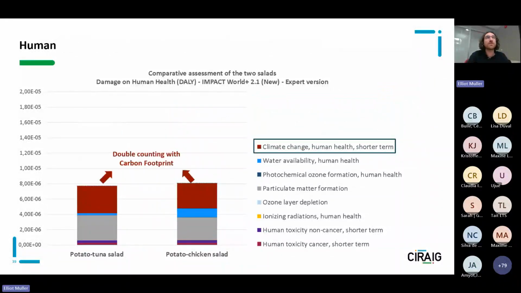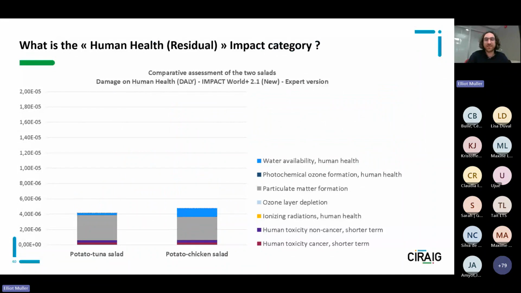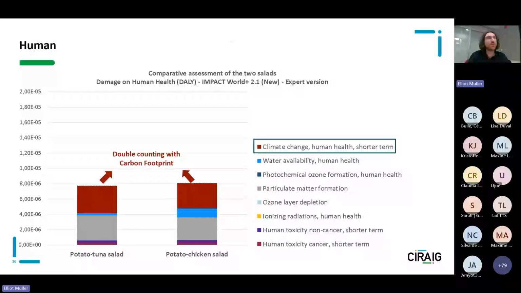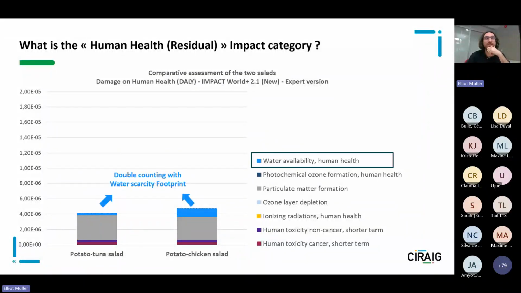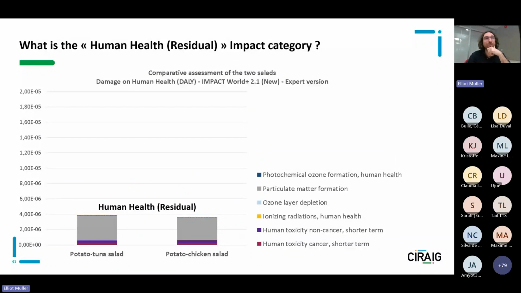Then to avoid double counting, we also delete the carbon footprint contribution to those indicators, and then also the water availability contribution, to not double count it with the water scarcity footprint. So that leads to what is called the human health residual indicator in this version of the method.